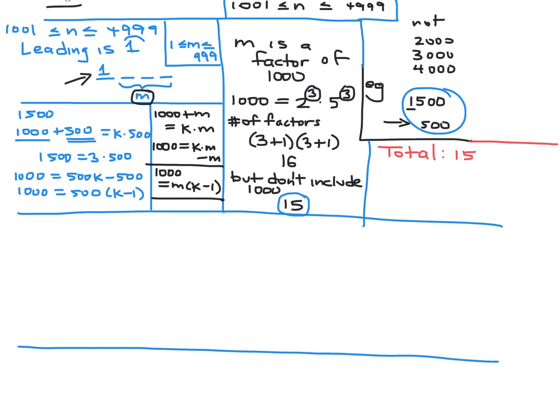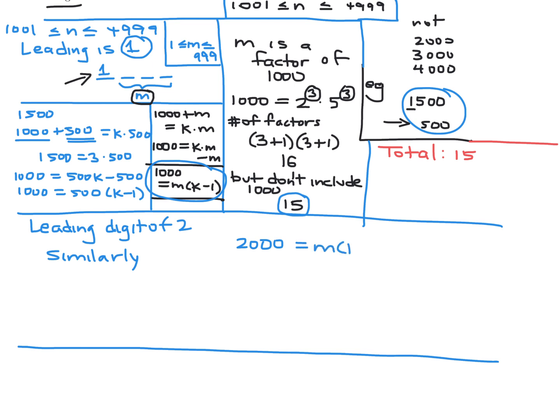We did that for a leading digit of 1. We've got to now do that for a leading digit of 2. Okay, so let's do that for a leading digit of 2. Similarly, in a very similar way, we get 2,000, just like we had here. We'll get 2,000 this time is equal to m times k minus 1.